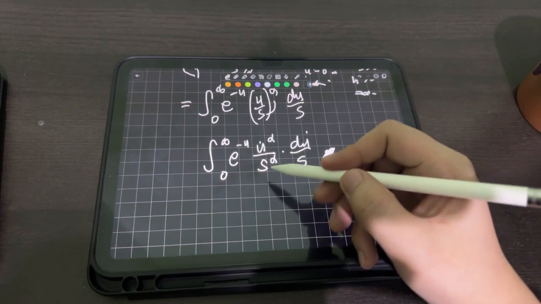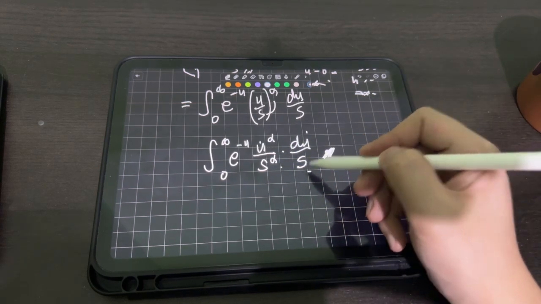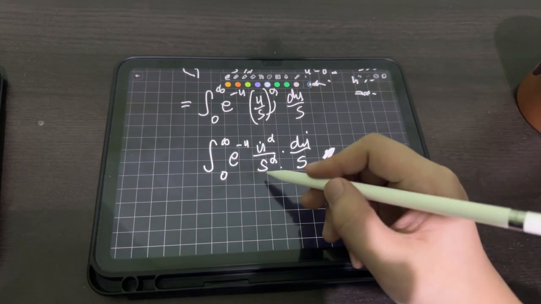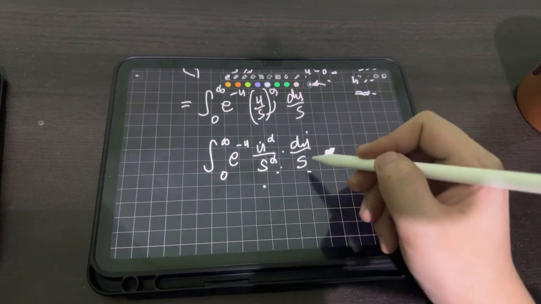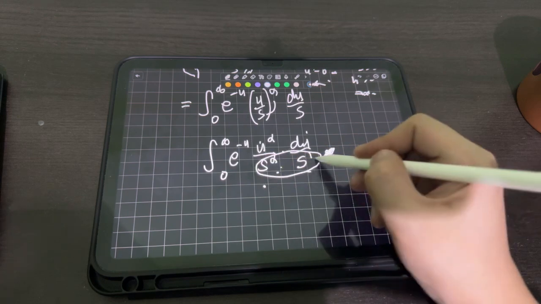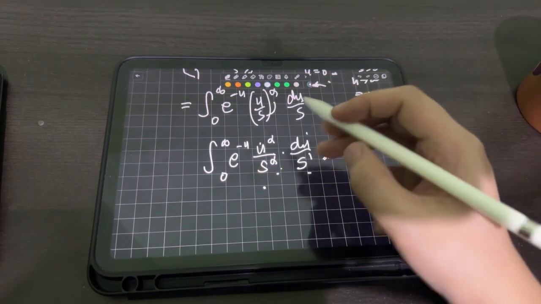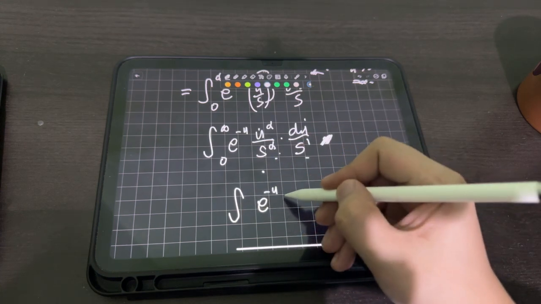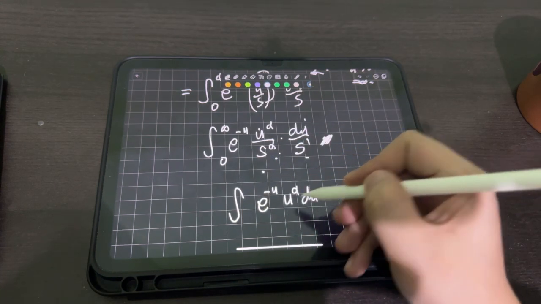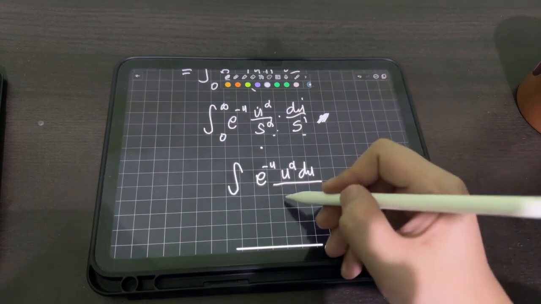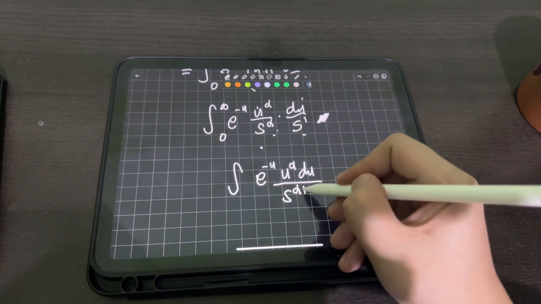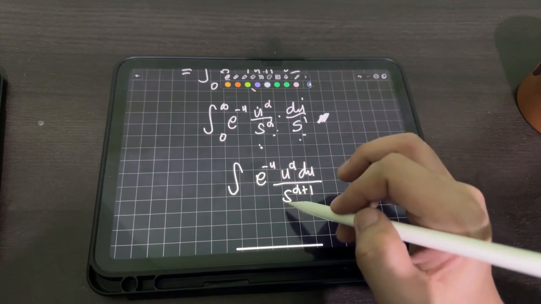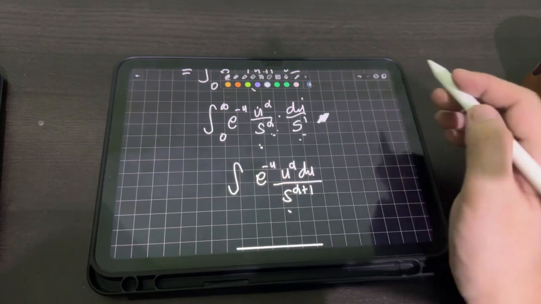So therefore, alpha and s are considered constant. So if you multiply s to the alpha times s to the first under the denominator, it is the same as the integral of e to the negative u to the alpha du over s raised to alpha plus 1. Because they have the same base s, you just copy the base s and add the exponents, alpha plus 1.